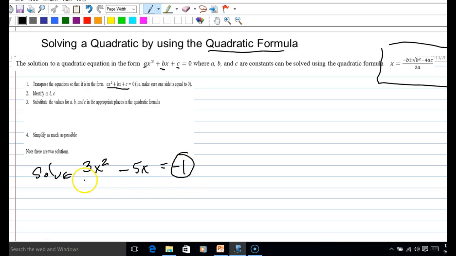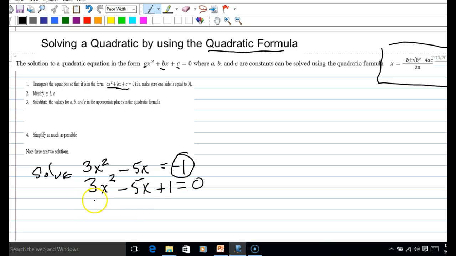So I need to add 1 to both sides of the equation. If I add 1 to both sides of the equation, that gives me 3x squared minus 5x plus 1 is equal to 0. Remember, anytime you take some quantity and you cross the equals, then its sign changes.